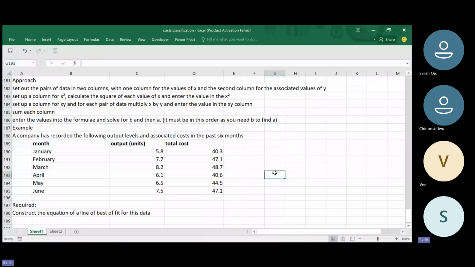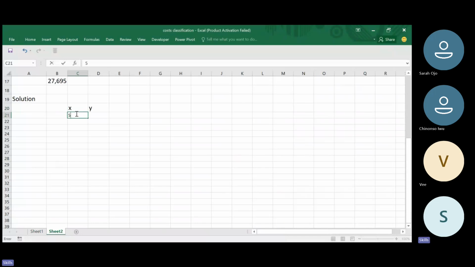Okay, so now let's look at it. In our column for X, we have 5.8, 7.7, 8.2, 6.1, 6.5, then 7.5.